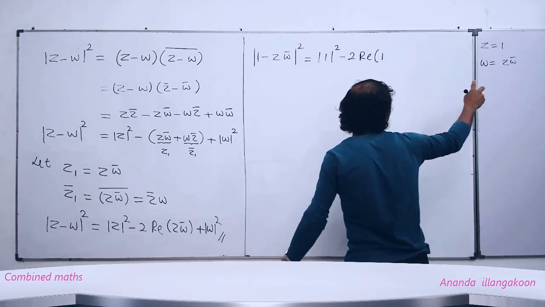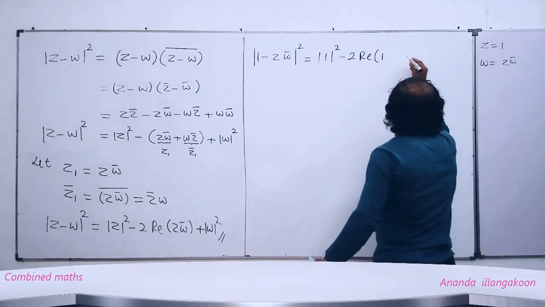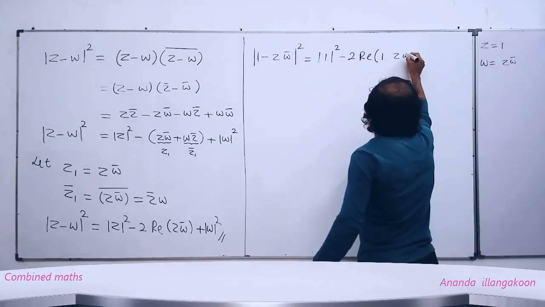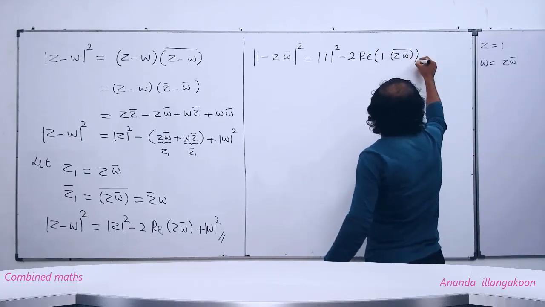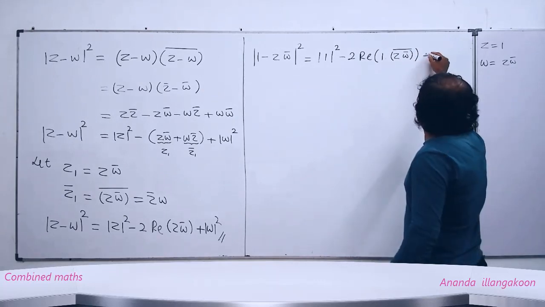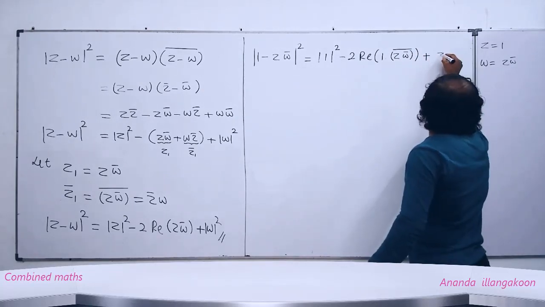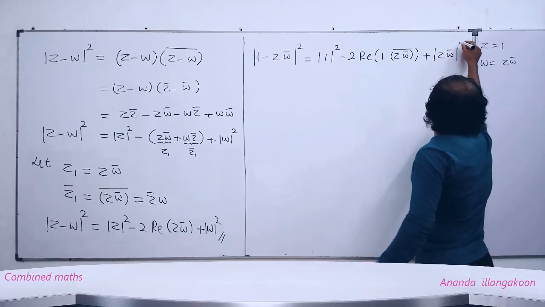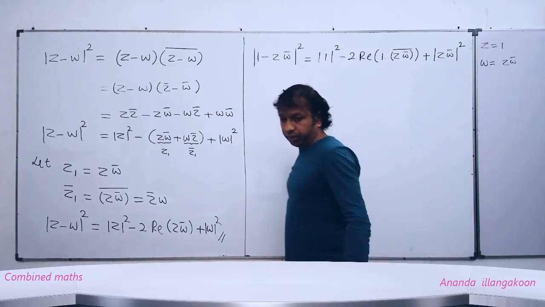What is W? Z W bar. Then Z W bar whole thing conjugate. Right? And mod W square. W is this, Z W bar mod perfect square. That way now you can write.